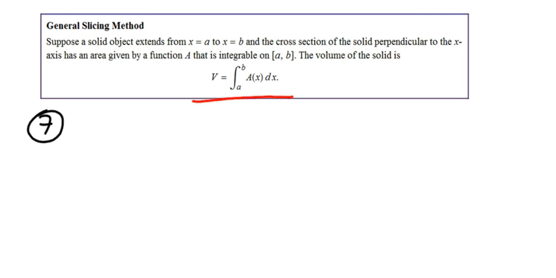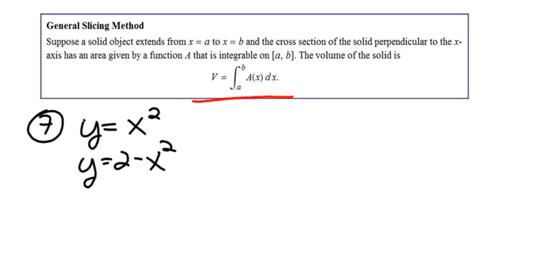For number 7, they tell us we want to do a mathematician's paperweight given the functions y equals x squared and y equals 2 minus x squared. And it says the cross sections perpendicular to the x-axis are going to be squares.